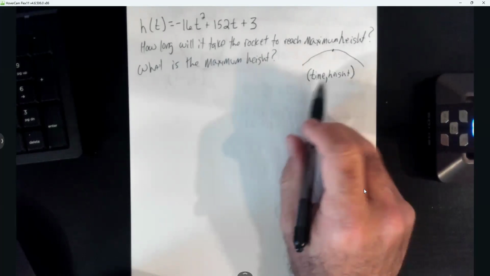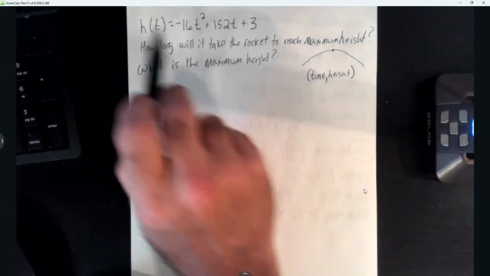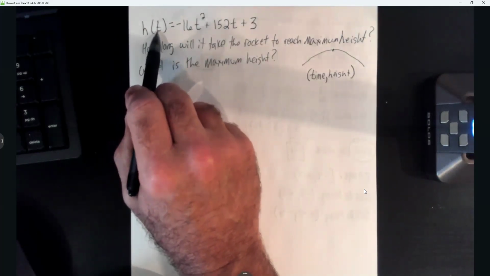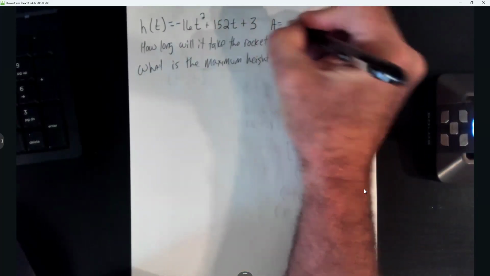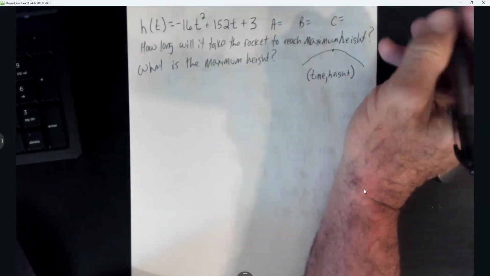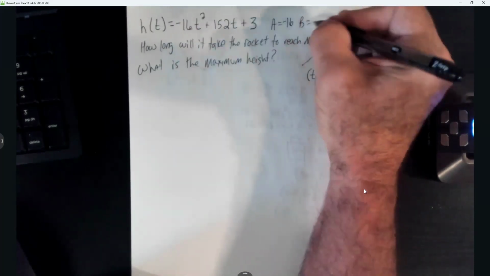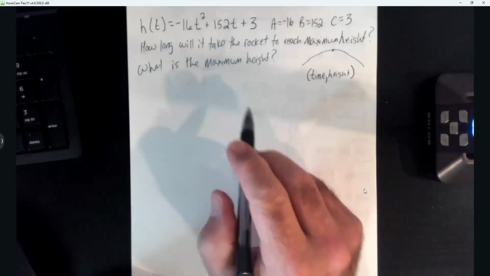So that's going to be what the x and y coordinates are, time and the height. So you're given the height based on the time, okay? So what we need is A, B, and C so that we can use our vertex formula. So A is going to be negative 16, B will be 152, and C would be 3.